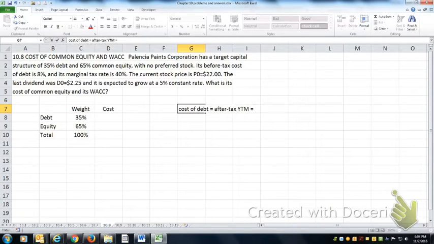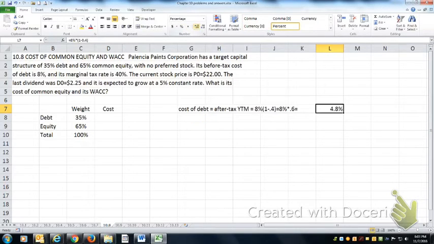So that would be 8% before tax cost times 1 minus the 40% tax rate gives me 8% times 0.6, which would be 4.8% after-tax cost of debt.